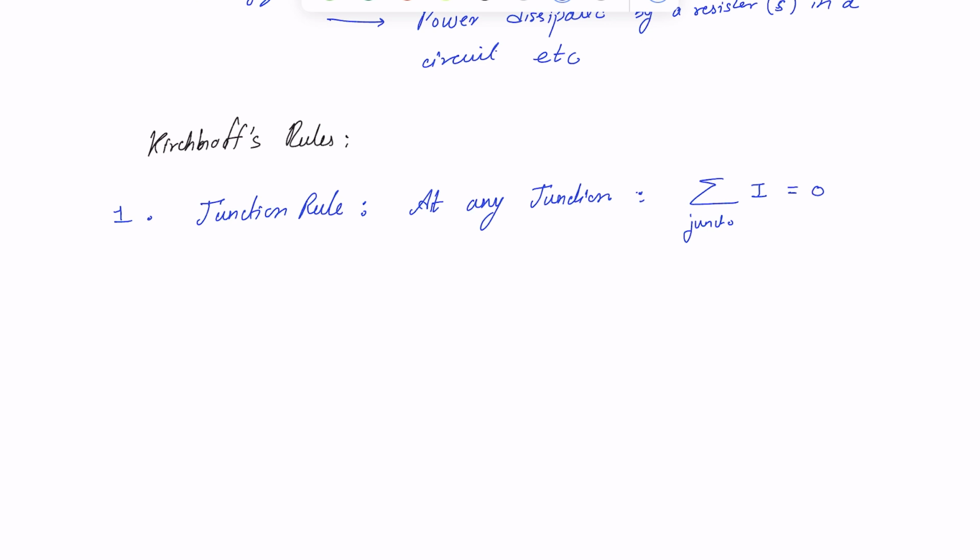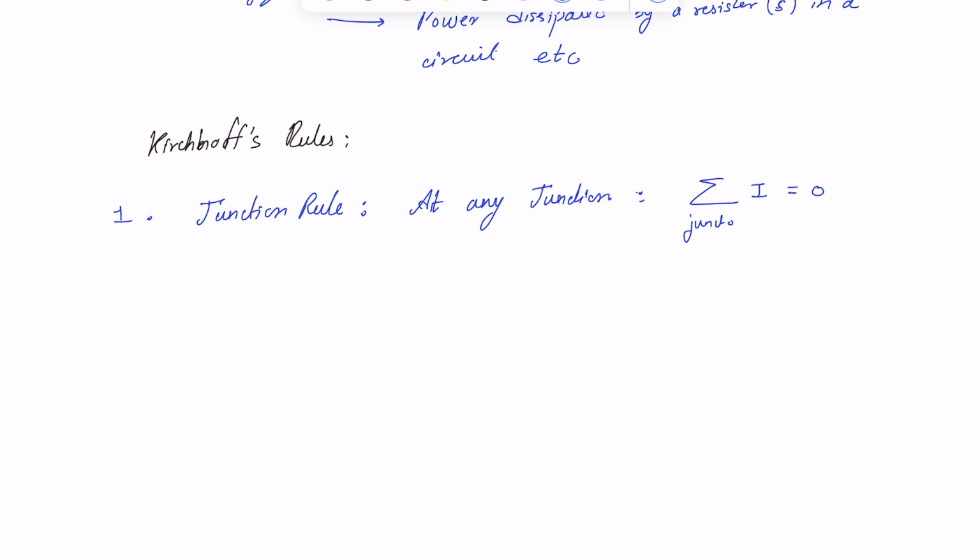So at any junction or at any node, summation of all the current is equal to 0. Now we're going to see this in more detail in a while, but you should remember the junction rule is the rule that says summation of all the current at a node or at a junction is equal to 0.